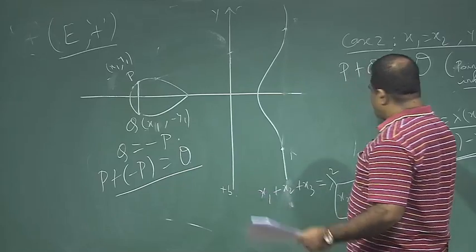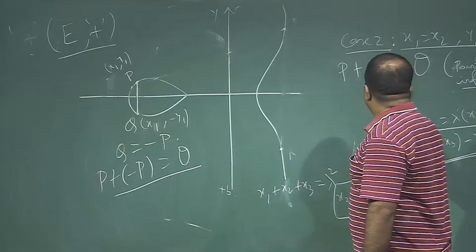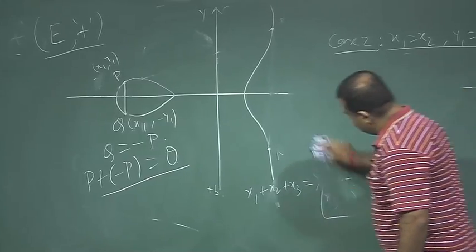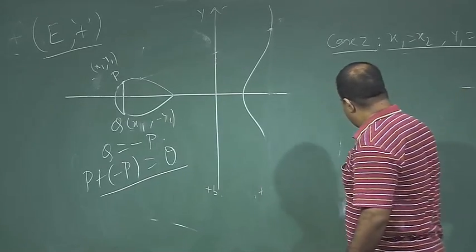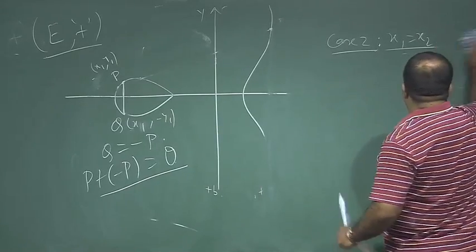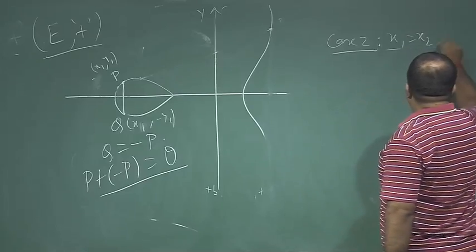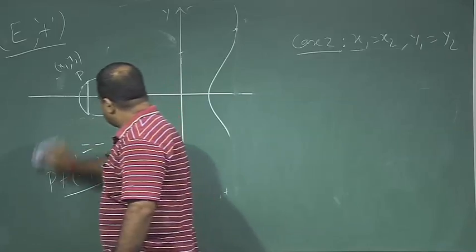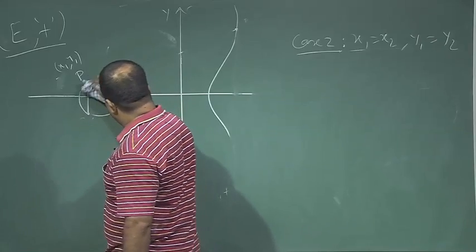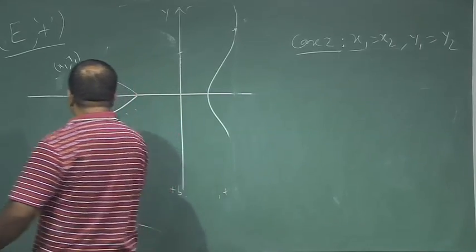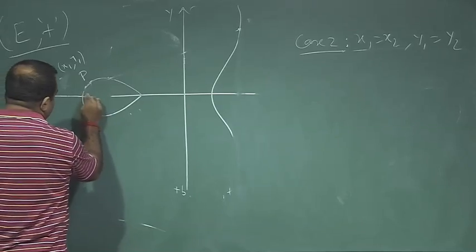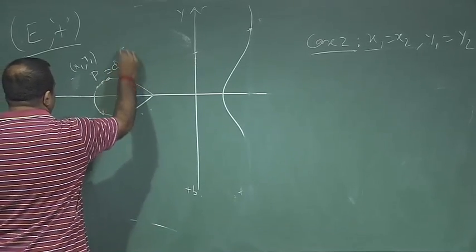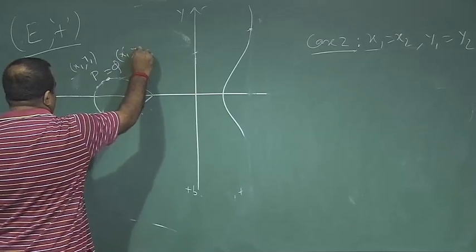Now case 3, when P and Q are the same, when x1 equals x2 and y1 equals y2. So this is P and this is also Q. So this is also x1 y1.